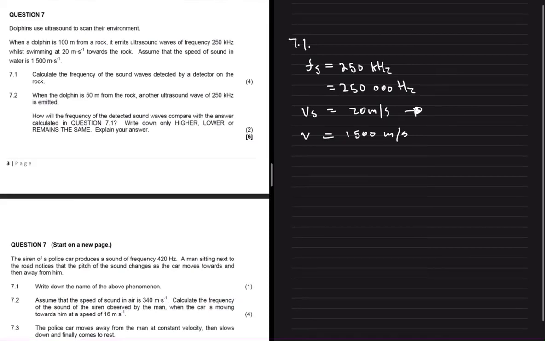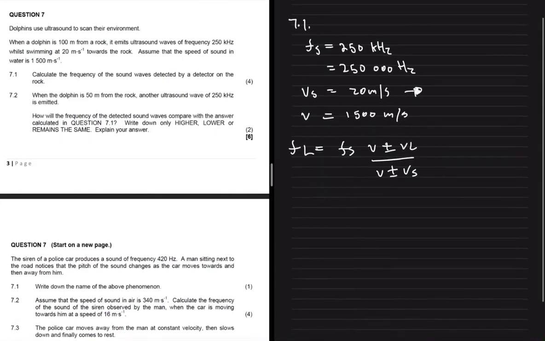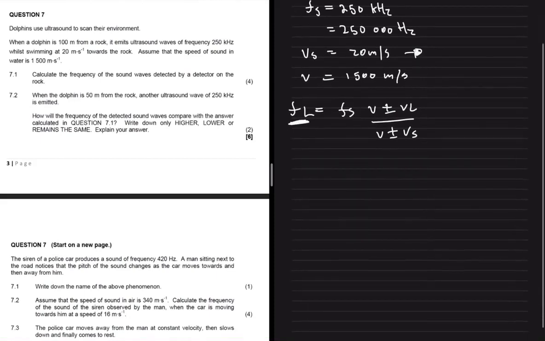So we have F of listener equals F of source, V plus or minus V of listener, divided by V plus or minus V of source. We are interested in finding FL. We have everything else, so it's just a matter of subbing in what we have into the equation.